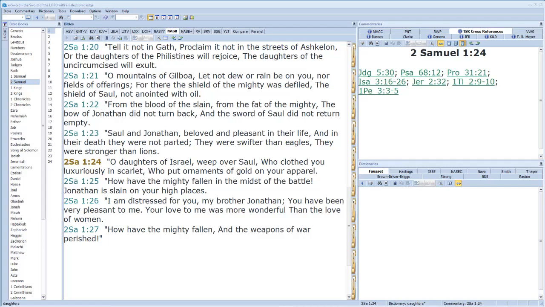It's the government's job to make a level playing field for everyone to be blessed who wishes to be blessed. Not that the government's going to bless you and make you blessed, but the government's going to give you an opportunity to be blessed, as he says here, to be dressed luxuriously and to have ornaments of gold. And that's the work of a government.